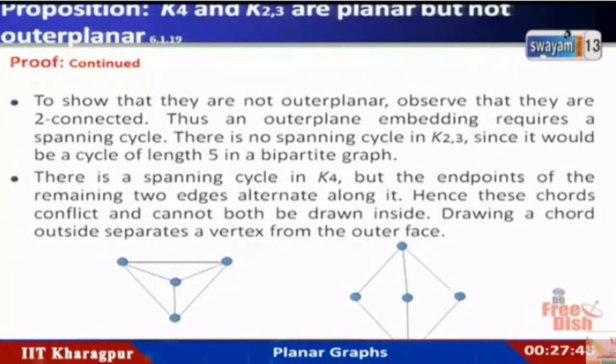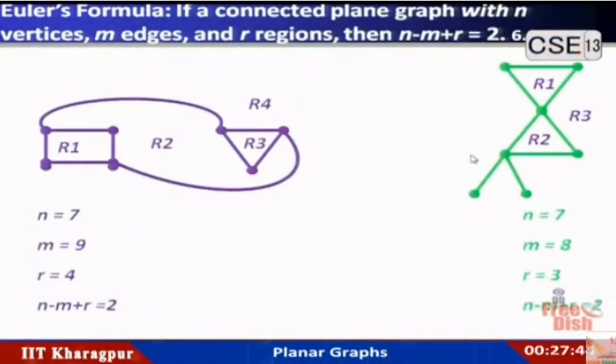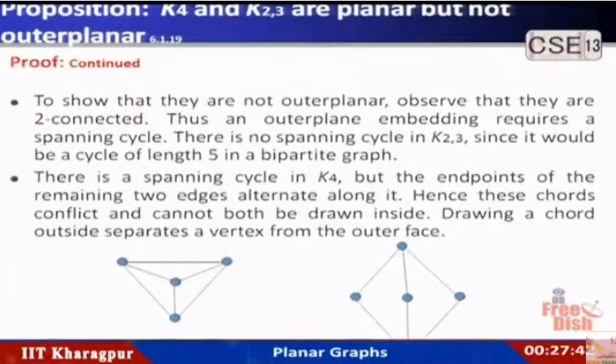There is no spanning cycle in K2,3, since it would be a spanning cycle of length 5 in a bipartite graph. Length 5 is an odd cycle, hence K2,3 does not have any spanning cycle.